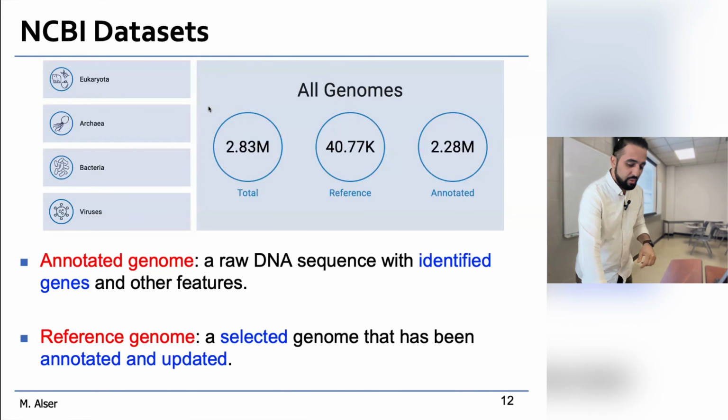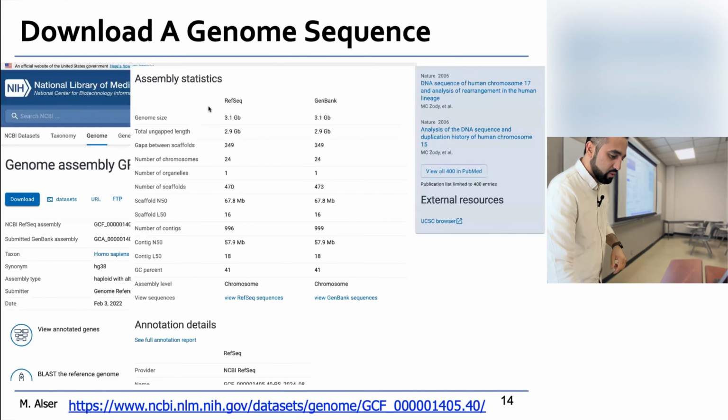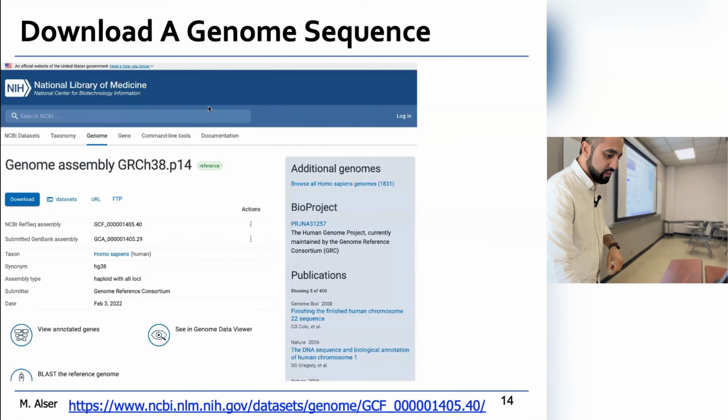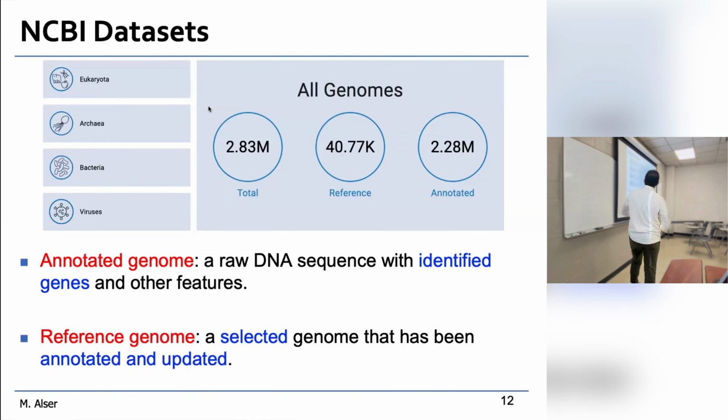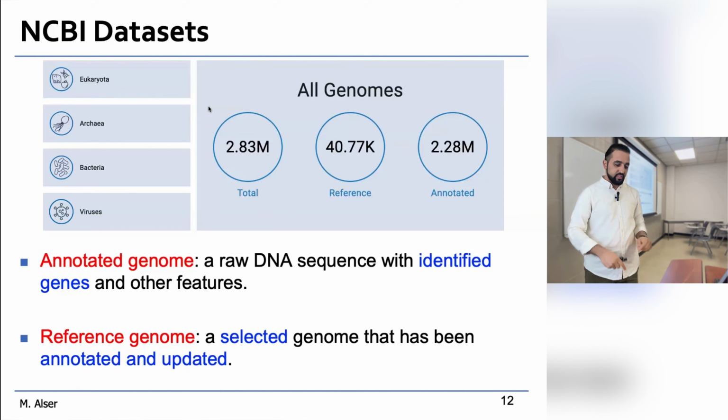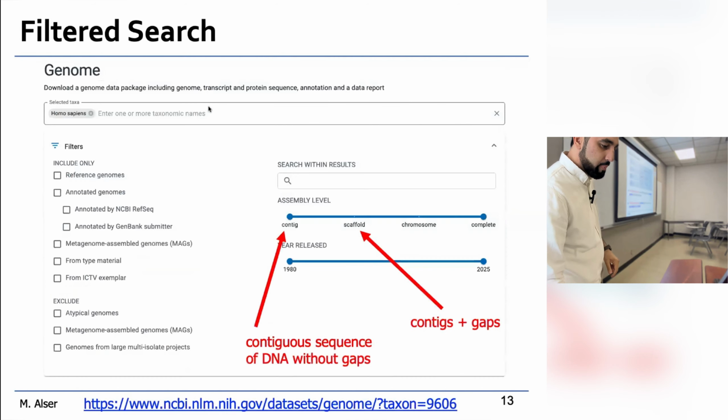Okay? Maybe I have an example somewhere. No. But once you search for something, it will give you a list of genomes, and then you will have a star next to it. It means a reference genome. Maybe we could do this for real. Maybe yourself. You have laptops, right?